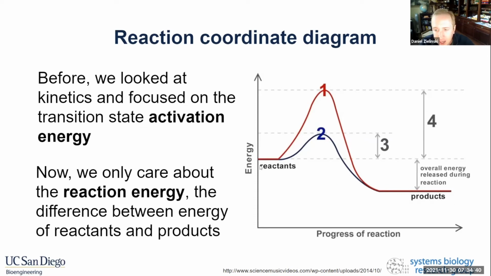And so as your reaction proceeds from reactants to products, you have a change in energy, and that change can be positive like this, it can be negative, it doesn't really matter. But to proceed from your reactants to your products, you have to proceed through a typically higher energy transition state. So a state that those metabolites don't like to be in, and so it's a higher energy state, meaning it's going to be less frequently observed.